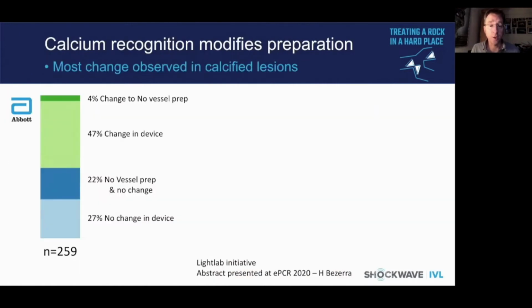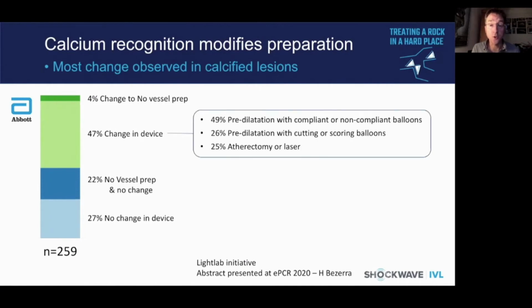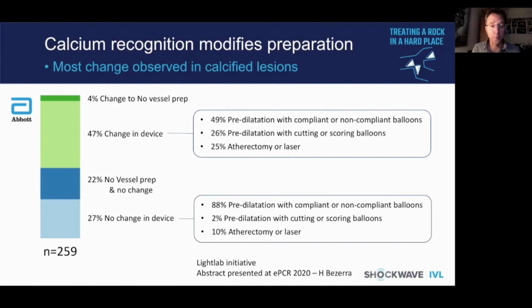There's been some very elegant work done by the Light Lab initiative looking at the impact of OCT in 12 centers in the States. It must be acknowledged that direct stenting is often used in the United States, and as a consequence, OCT identifying calcium resulted in a change in decision making in almost half of patients, either taking a compliant or non-compliant balloon, but then also advancing your decision to use of a cutting or a scoring balloon in a quarter and taking atherectomy or laser in a further 25%.